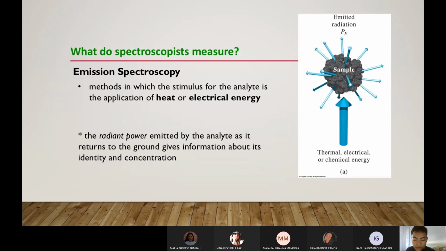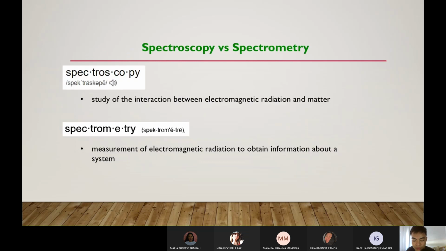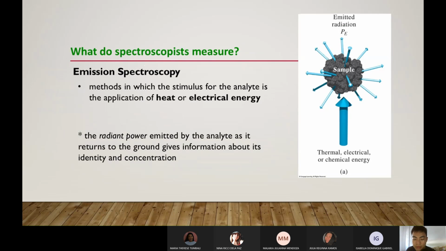Let's talk about spectroscopy first, the way we study light and matter. There are many forms of spectroscopy, many ways to understand how light interacts with matter. There's a thing called emission spectroscopy wherein, for example, this is your sample, you give it light, you give it energy, and it will emit colors.